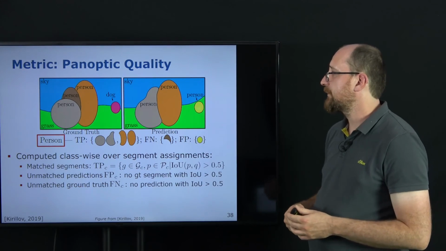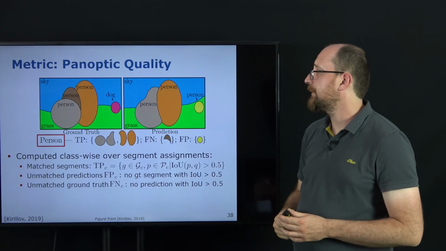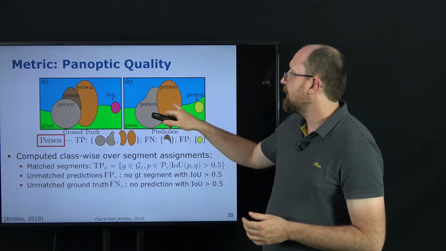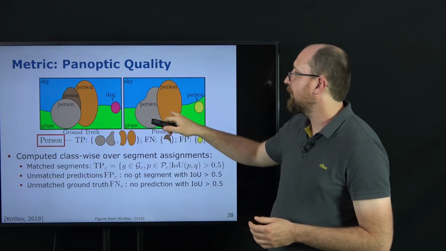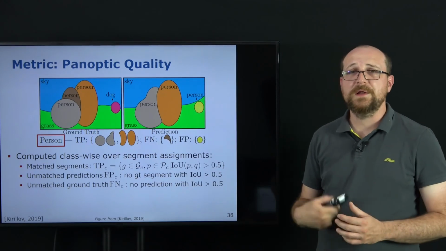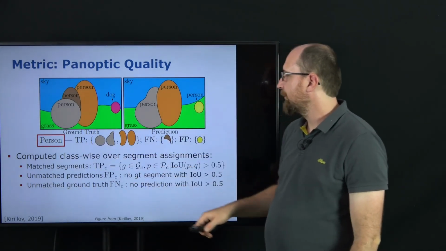So in this case, this would be these both segments that have an intersection over union over 50%, and the Person segment from the prediction with this Person segment from the ground truth also has a larger intersection over union. So this is then our set of true positives.